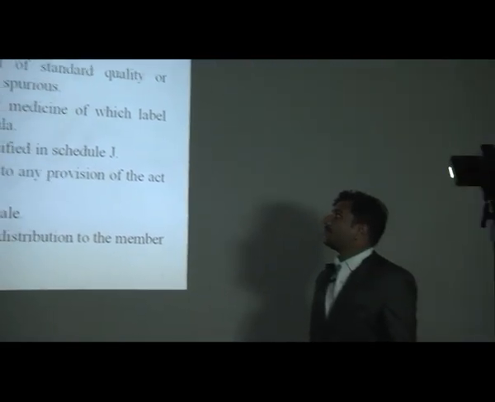Then prohibition of manufacture of certain classes of drugs. So any drug which is not of standard quality, which is adulterated, spurious or substandard, is completely prohibited under Section 18. Any patent or proprietary medicine whose label does not contain a true formula is completely prohibited. Then any drug that claims to cure or mitigate any disease or disorder in Schedule J, as Schedule J is a class of diseases and ailments that a drug may not claim to prevent or cure.